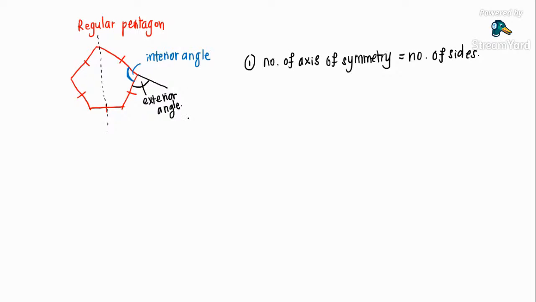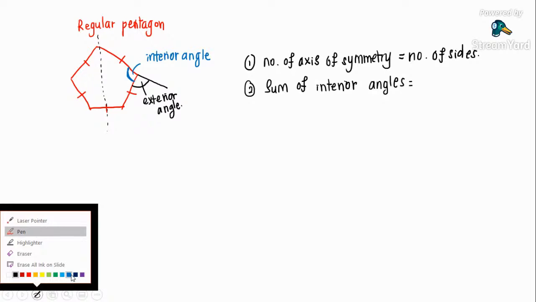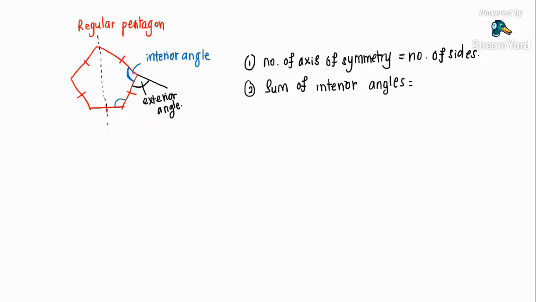Another thing is about the sum of interior angles. Because this is a regular pentagon, we can see that we have five interior angles. Let's say this is angle A. That will be 1, 2, 3, 4, 5 of them.